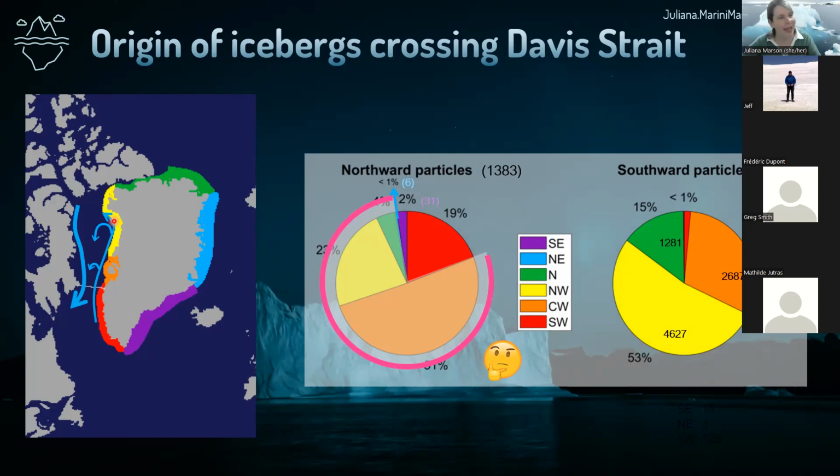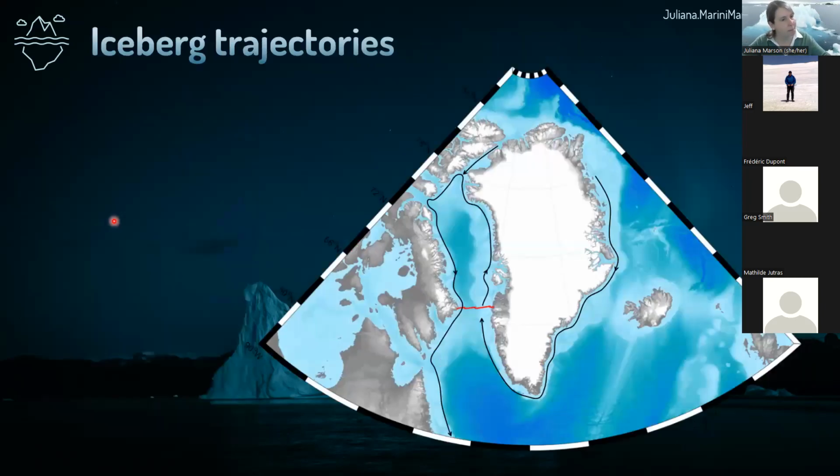But for now, what I have is what I got from just looking at thousands of iceberg trajectory plots, which was exhausting. But here are some examples of what I saw.